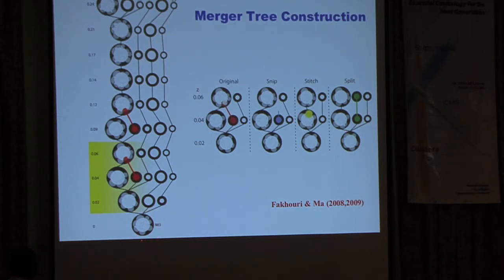And the black circle shows the friends of friends halo. So what we do is you have the subhalos, and then you can run a friends of friends linking algorithm to decide what is the actual main halo. And we have this from the Millennium simulation also. So the white circles indicate the subhalos residing in the main big halo.